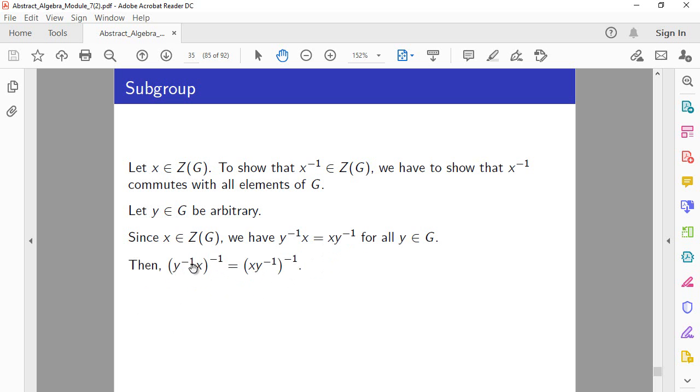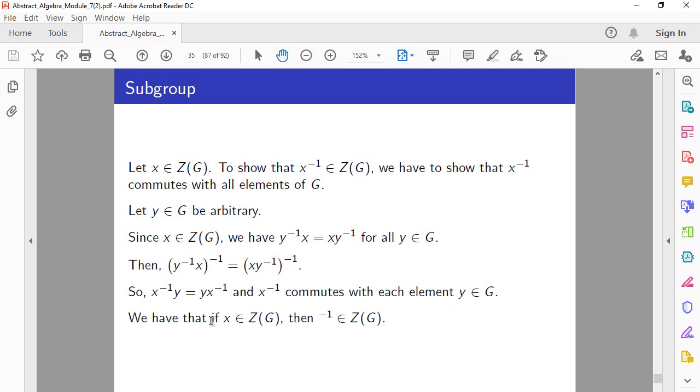Now the left hand side would be the same as x inverse multiplied by the inverse of y inverse, but the inverse of y inverse is y. Here we get the inverse of y inverse, which is y, multiplied by x inverse. And so we find that x inverse y is equal to y x inverse. So we see that x inverse commutes with any element y of the group G.